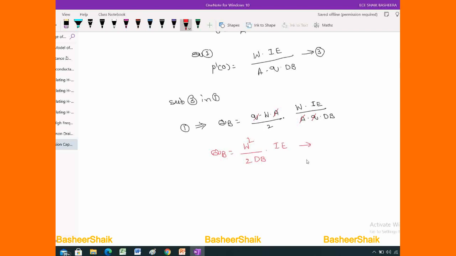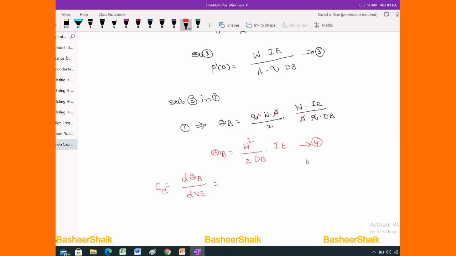Let this be equation number 4. This is the charge in the base, but actually we require the capacitance CE, which is the change in QB with respect to the change in VE.